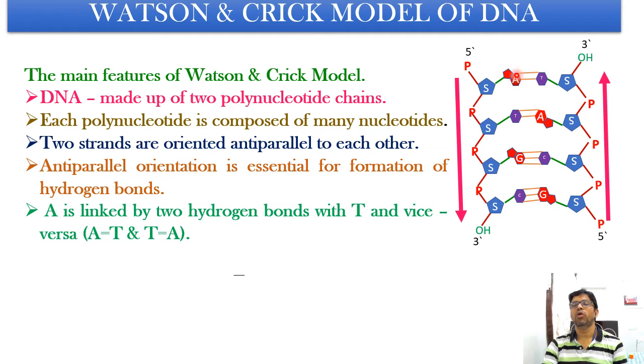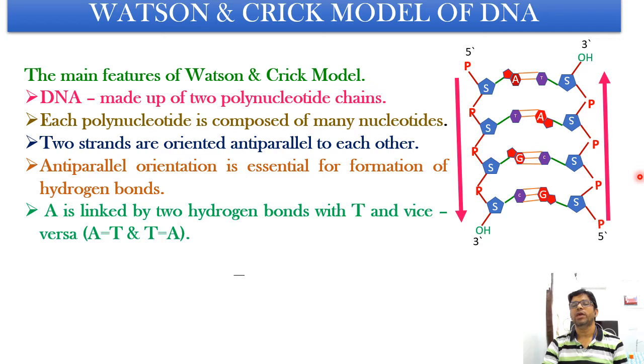This adenine belongs to this polynucleotide chain and this thymine belongs to this polynucleotide chain. Adenine of one strand pairs with thymine of the opposite strand with two hydrogen bonds, and vice versa.